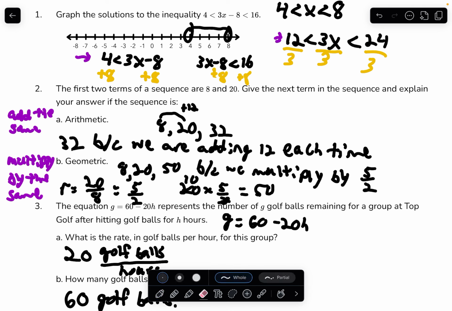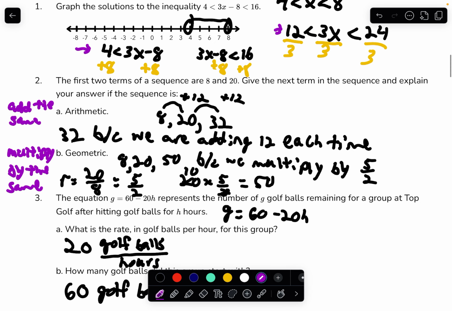By looking at this, I saw that to go from 8 to 20, we had to add 12. And so that means to go from 20 to the next term, we have to add 12 again. And that's where 32 comes from, 20 plus 12. So the next term in the sequence is 32 because we are adding 12 each time. That is the answer for A.